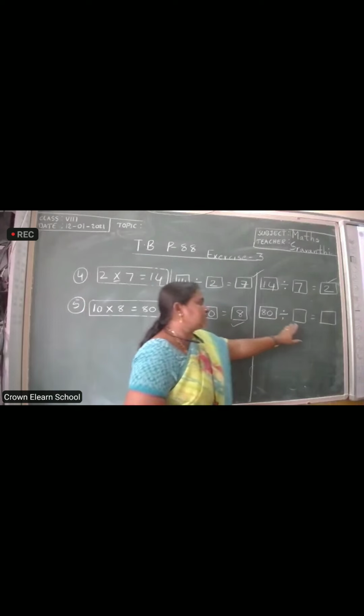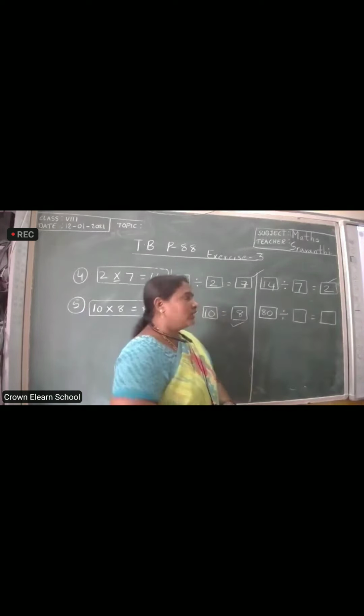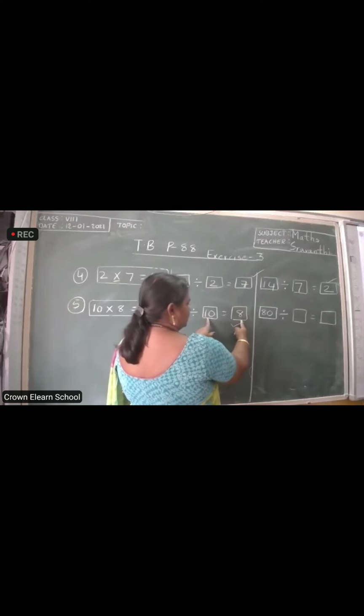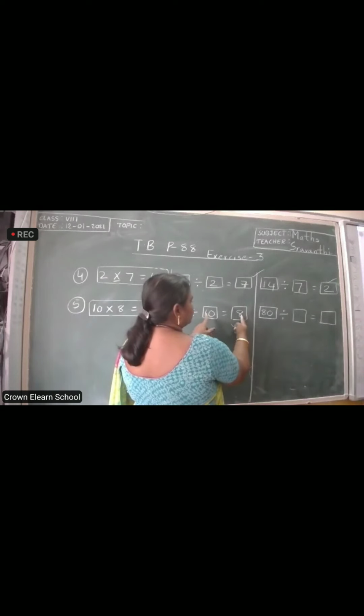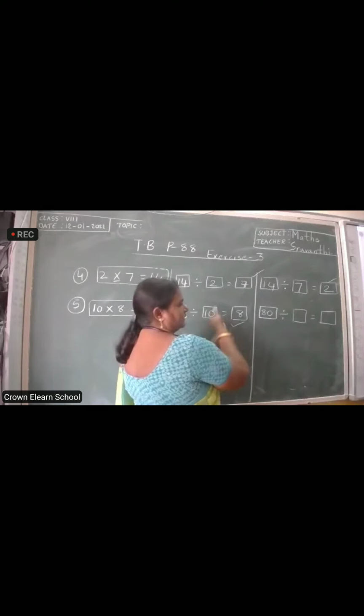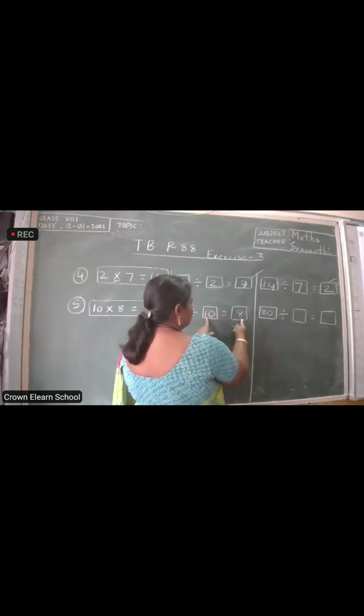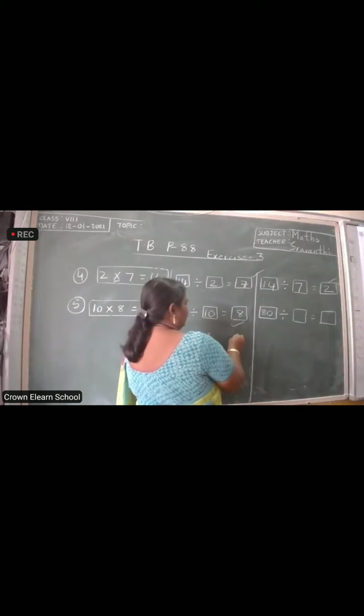How will you write the second? To fill these two, just 10, 8. Change the order, change the places. 10, 8. Reverse. 8, 10. We are changing.